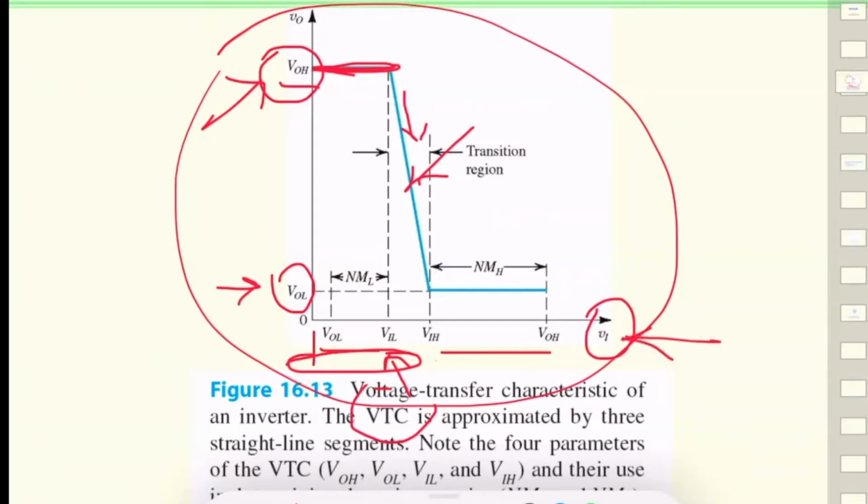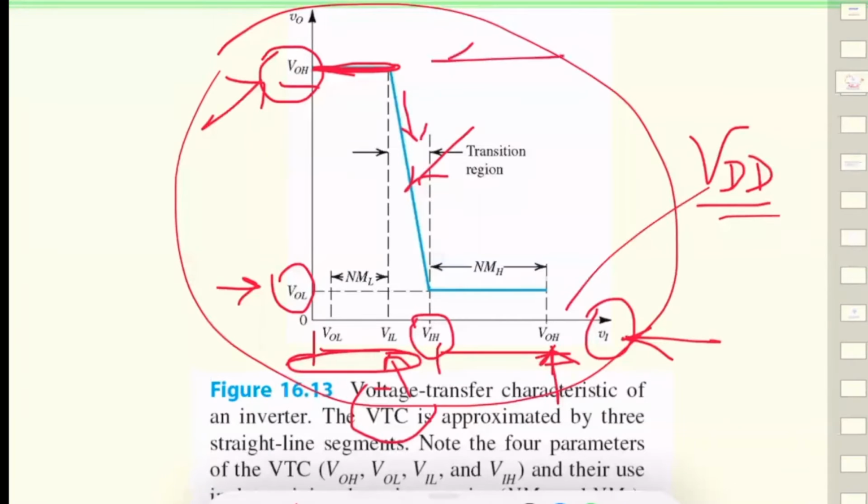So remember, this is input, and we have a range of input that we could have. And this VIH is an important parameter, which means my input has to be at least VIH. And as it goes above that, all the way to the value of VOH, which is VDD, the power supply, don't get confused why it says VOH here.